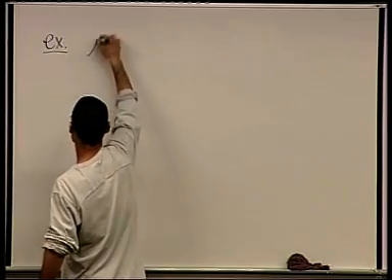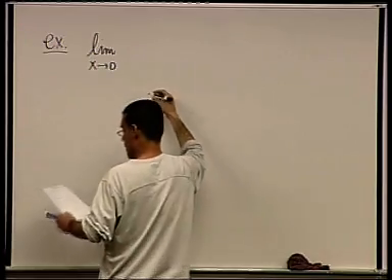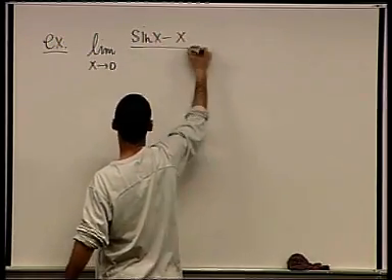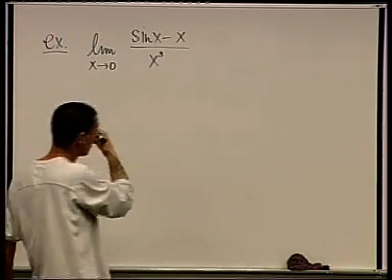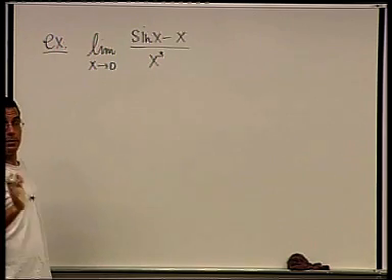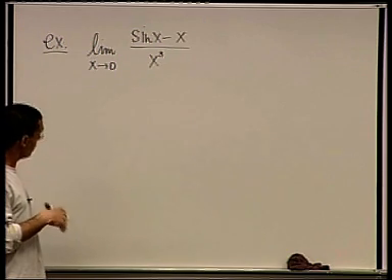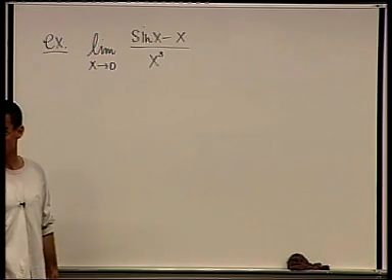Suppose we want to calculate the limit as x goes to 0 of (sine x minus x) divided by x to the power 3. This is just a good old limit calculation. And you can easily observe that this is a situation of 0 over 0, right?